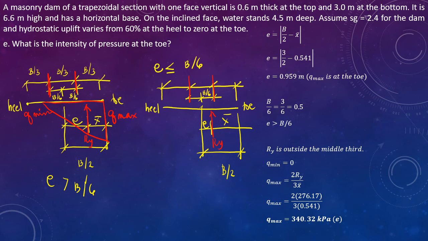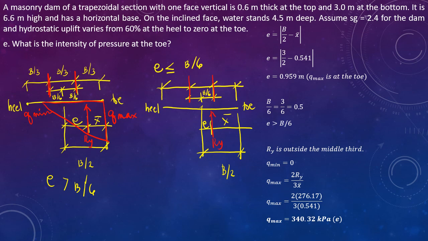So we will have a trapezoidal pressure diagram. In this case, Ry now is inside the middle third.